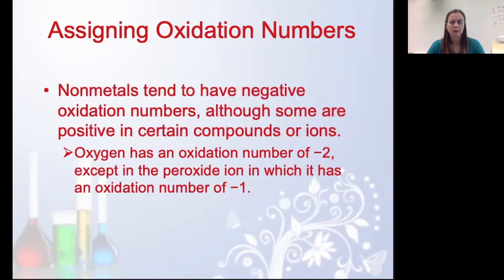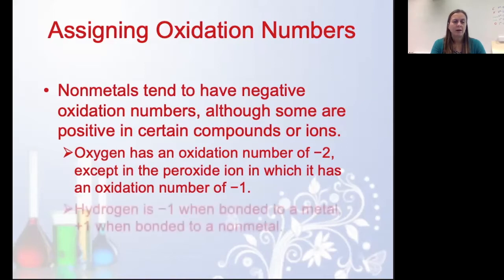So oxygen in a compound is going to have an oxidation number of -2, unless it's in the peroxide ion, in which case it has an oxidation number of -1. And the peroxide ions we recognize because they'll have two oxygens paired with two group 1 metals or potentially one group 2 metal, and they'll be named as peroxides.